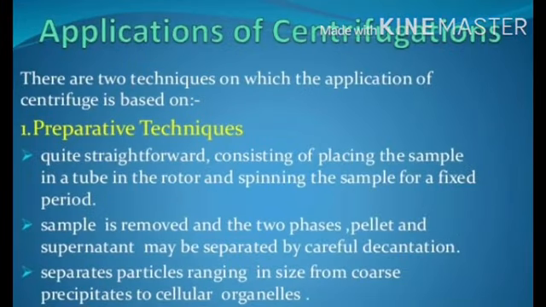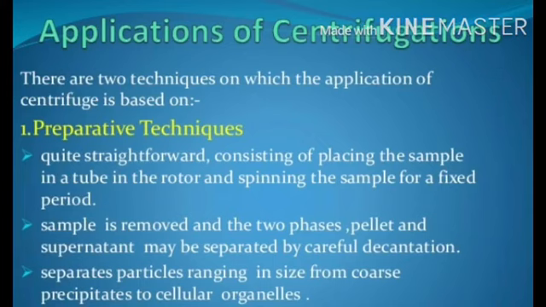Now the application of centrifugation. There are two techniques on which the application of the centrifuge is based. The preparative technique is quite straightforward, consisting of placing the sample in a tube in the rotor and spinning the sample for a fixed period.